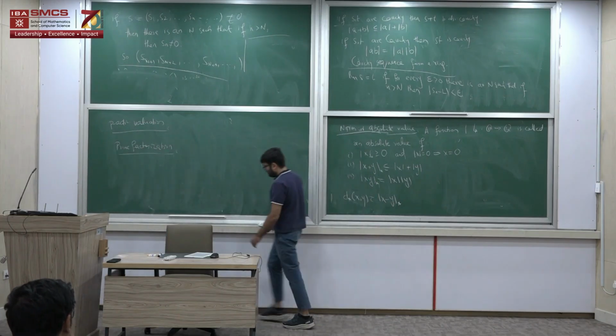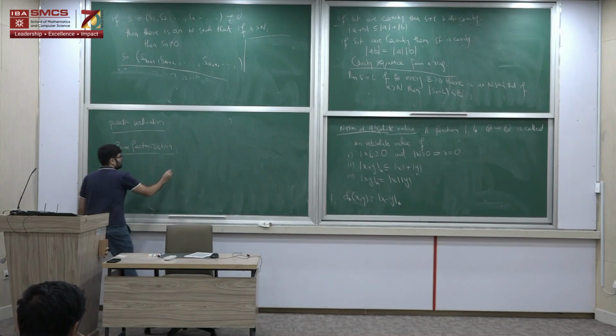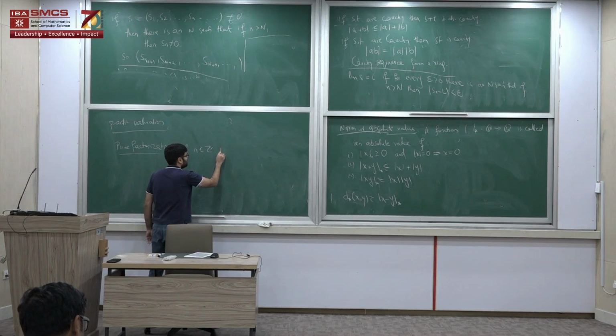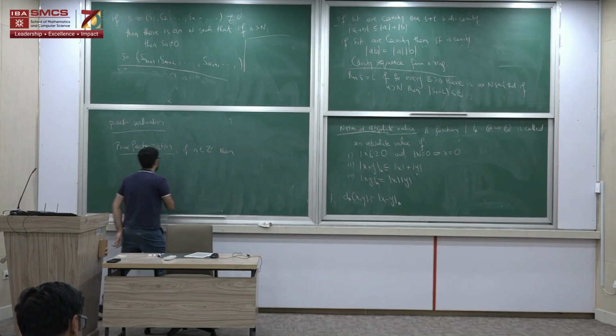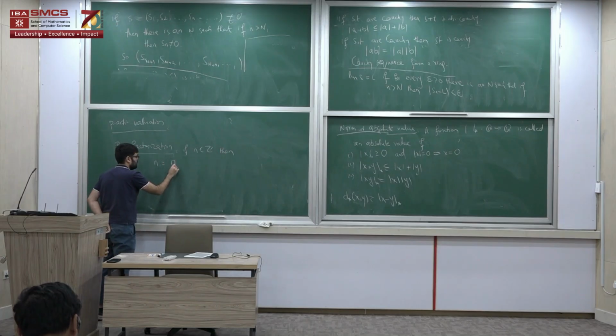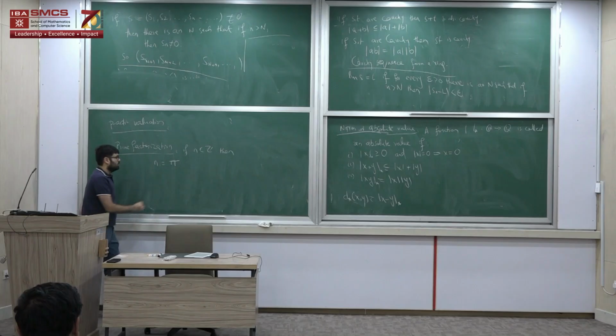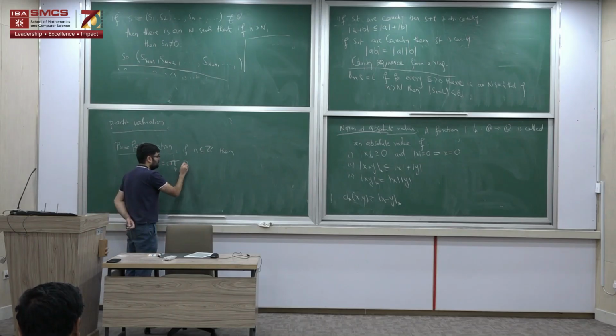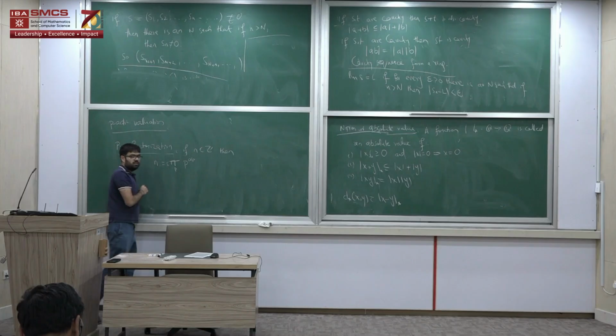So if n is an integer, then I can write n as a sign times a product over primes p to the power alpha p.